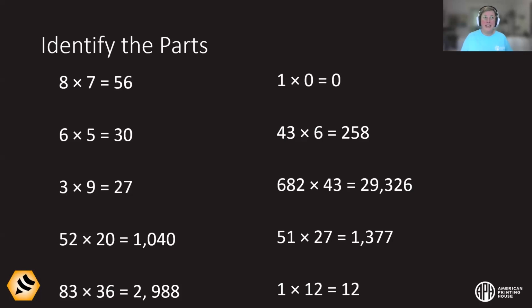If you said 8, you got it. 8 is the multiplicand. Which is the multiplier? Great, you got the 7. And last but not least, which number is the product? 8 times 7 equals 56.